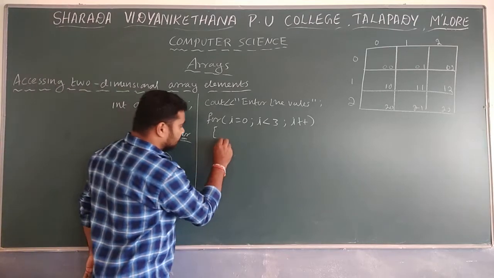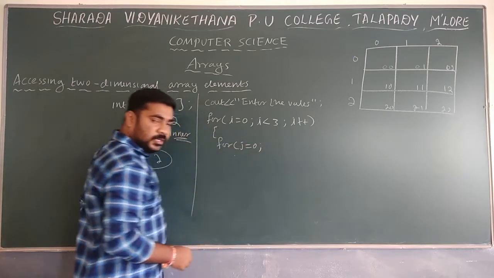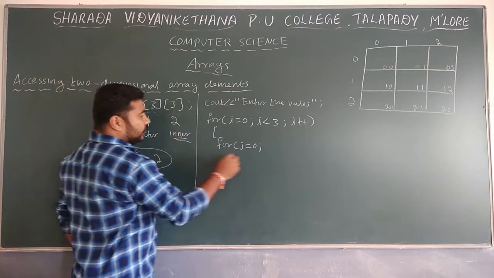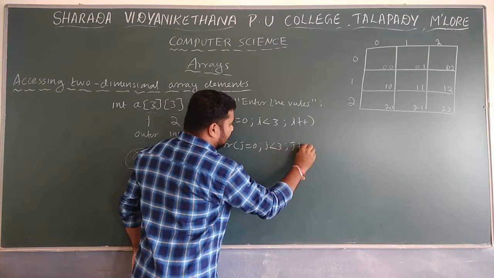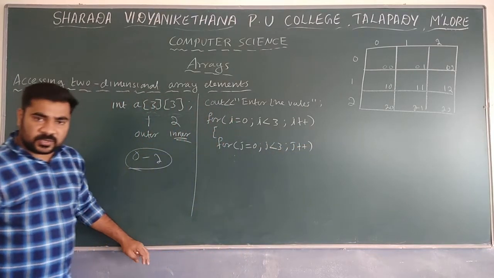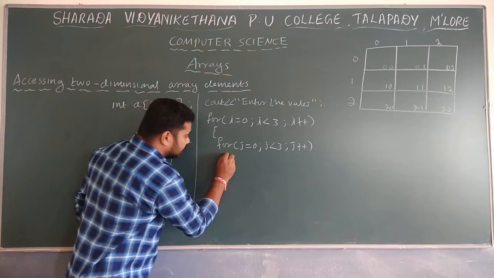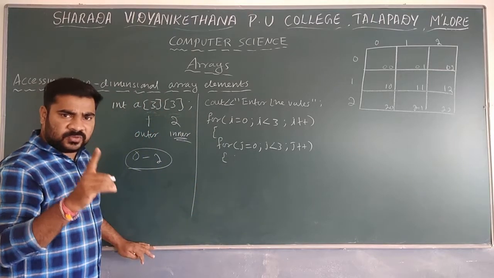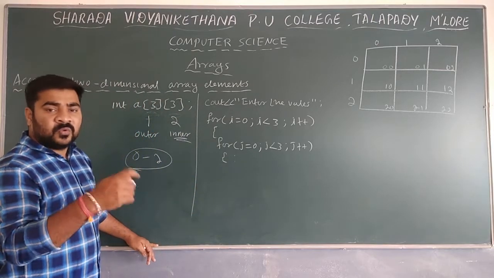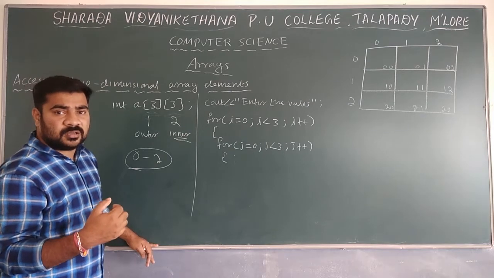So here I use for j equal to 0, j less than 3, j plus plus. Then inside that, if you are not using the flower bracket it also works, because only one statement is there. Whenever only one statement is there, it can be used without the flower bracket.